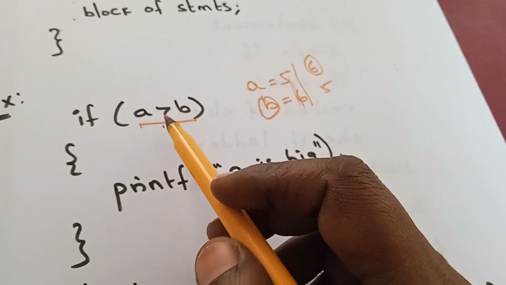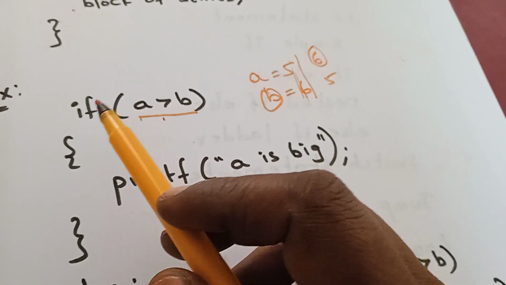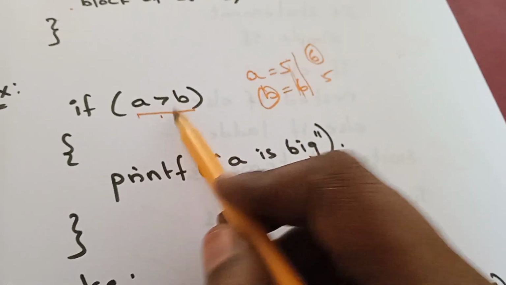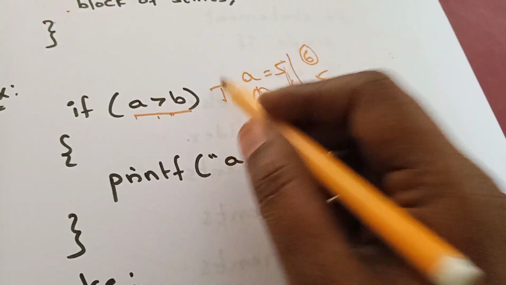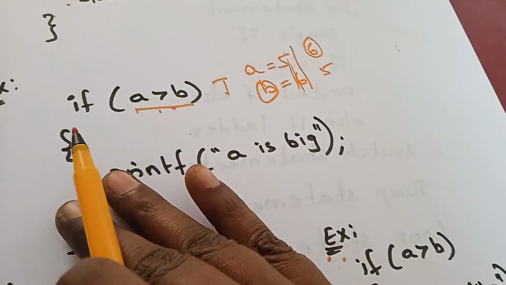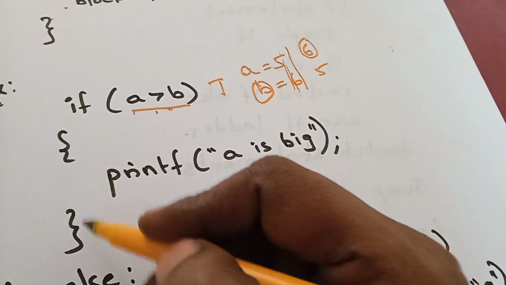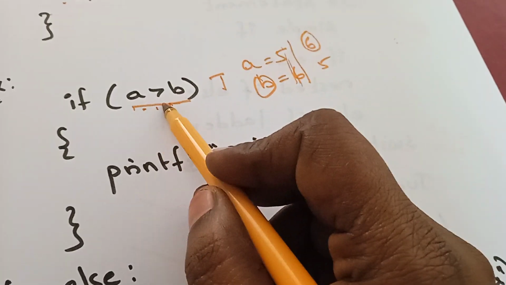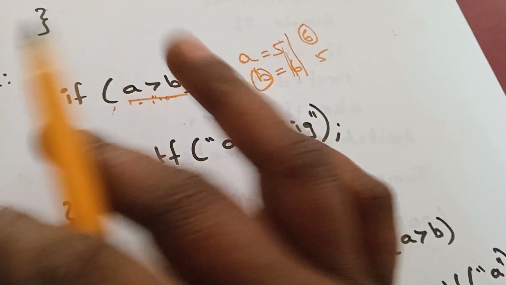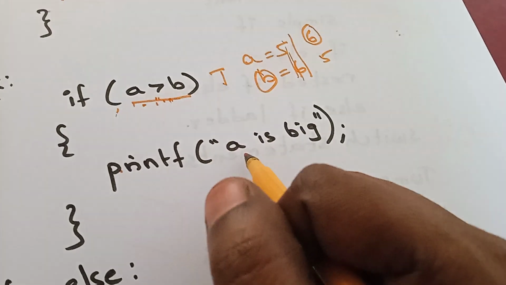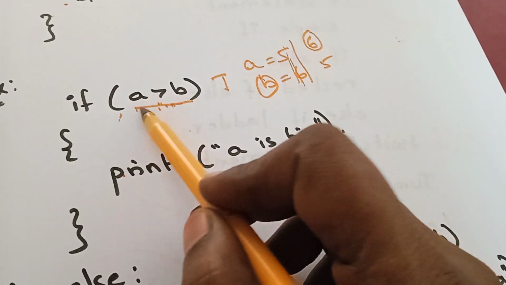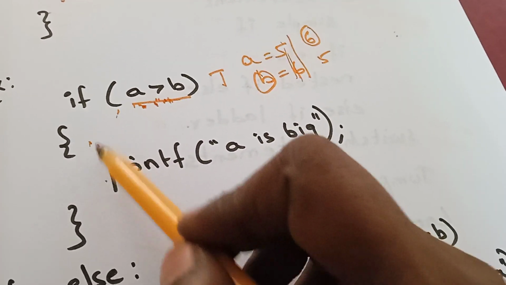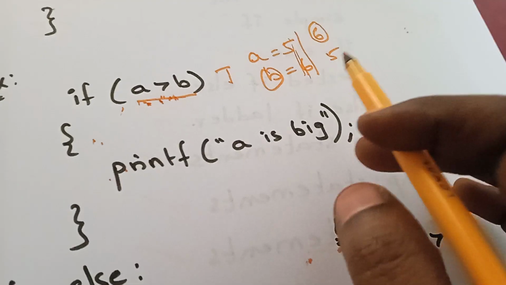Now what is simple if? The simple if block will get executed when this condition is true. When this condition is false, we will not come inside, instead we will come out of this block. Entry is restricted. Always keep in mind, whatever condition we write here, if it is true then only we will come inside, otherwise we won't.